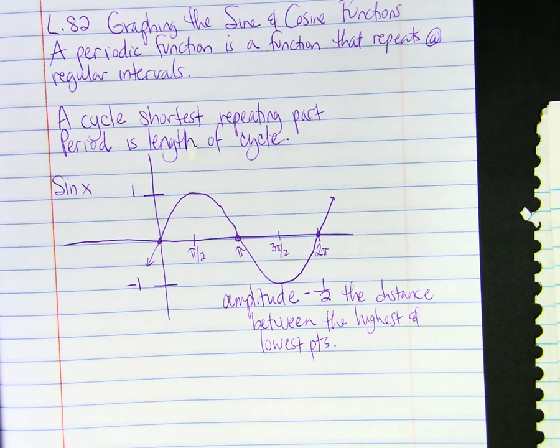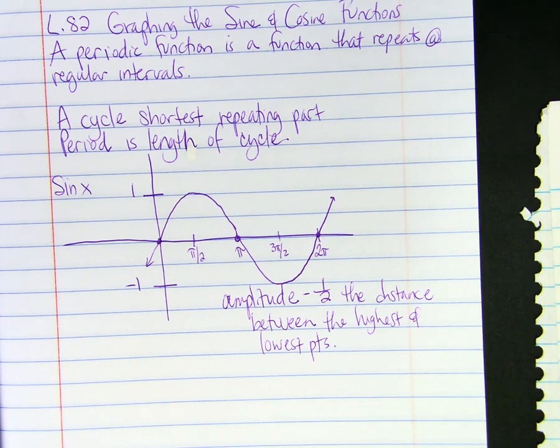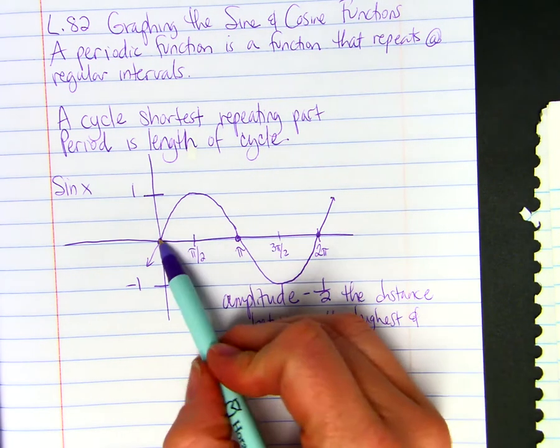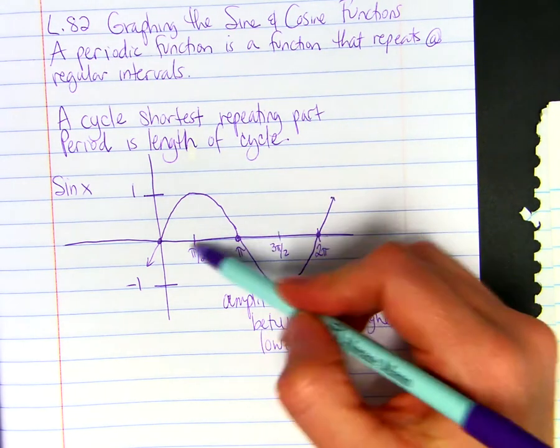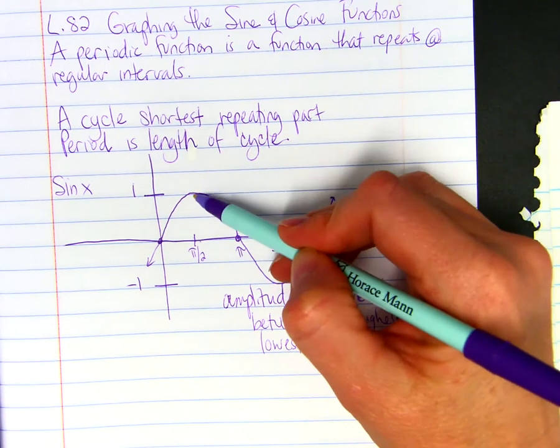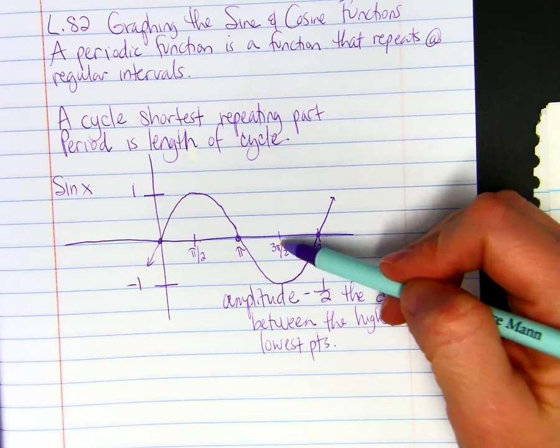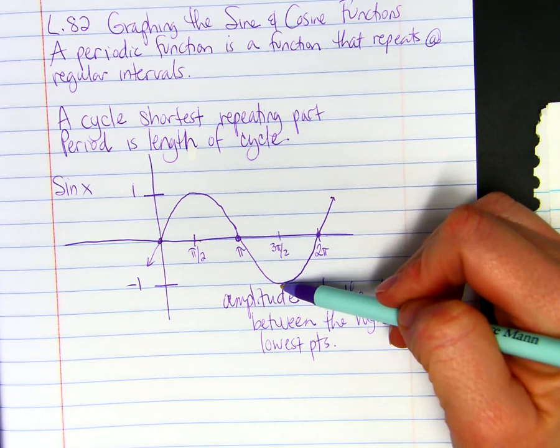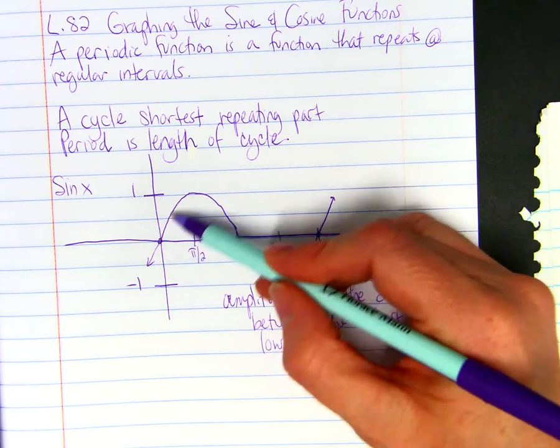So remember, sine is the y value, and y is 0 on the x-axis. So it will be 0 at 0 and 2 pi, and then at pi on the other side of the circle. And then at pi halves, sine is equal to 1, and at 3 pi halves, you'll notice that sine is -1. And then it kind of goes in between there.